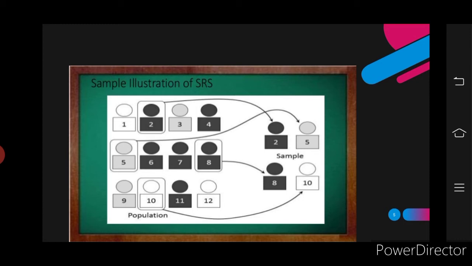Then sa next batch, sa light areas, nag-choose og number 5 and number 8 to be the next sample. Then sa third batch, nag-choose og number 10 sa light colors to be the sample. So random pick nga pagkakuha.